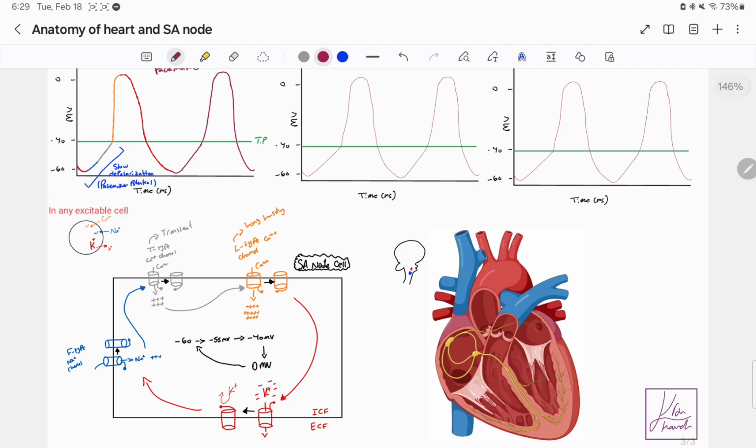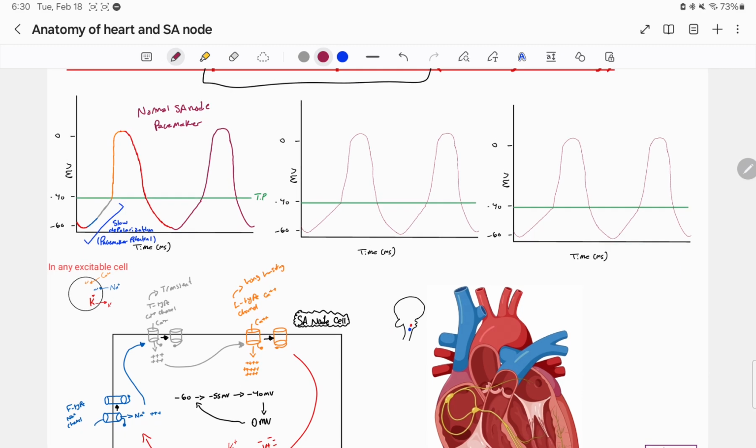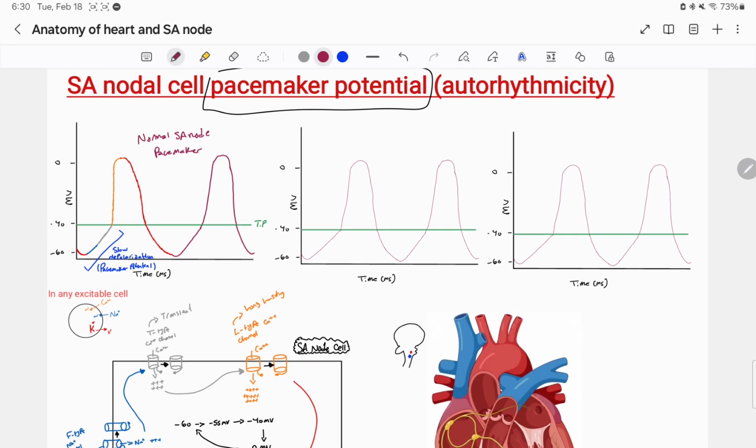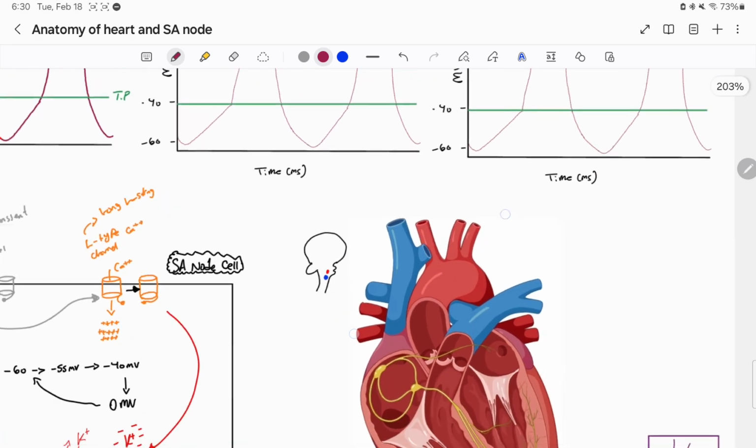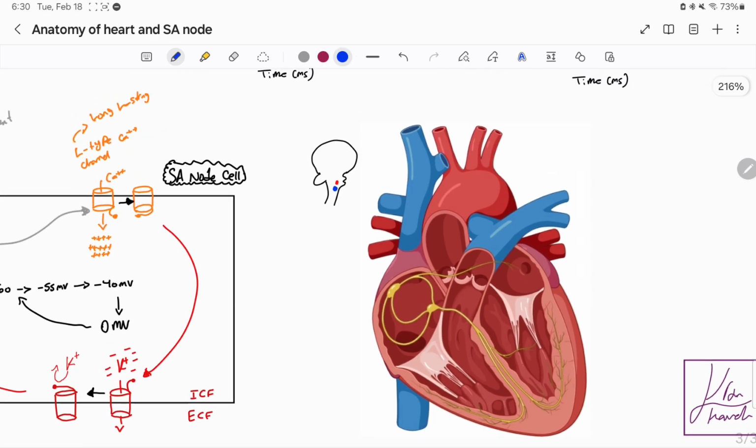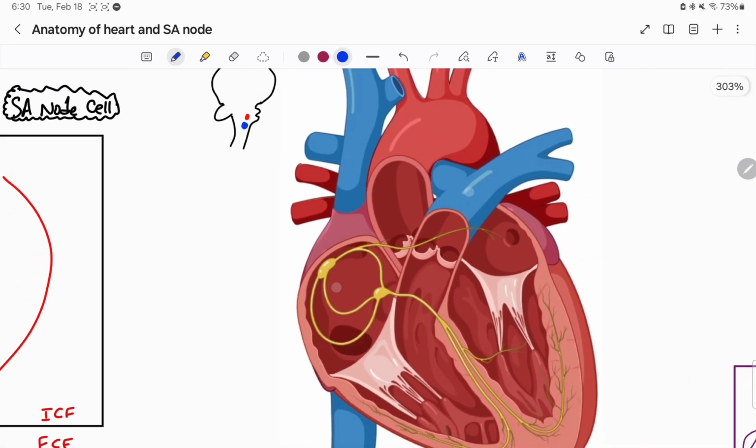But now you guys are familiar with why this actual SA node is able to depolarize itself. But remember, I said that the actual nervous system can also modulate the activity of the heart rate. And who was the heart rate set by originally? The SA node. So if that's the scenario, that means that these guys must be acting on the SA node. The sympathetic and the parasympathetic nervous system must be acting on the SA node to modulate the activity. And yes, they are. So here's the brain.